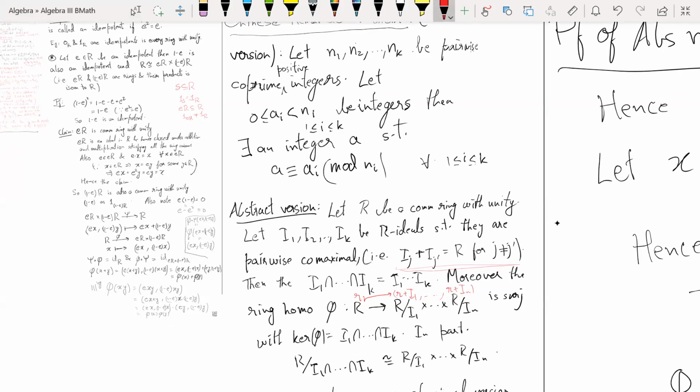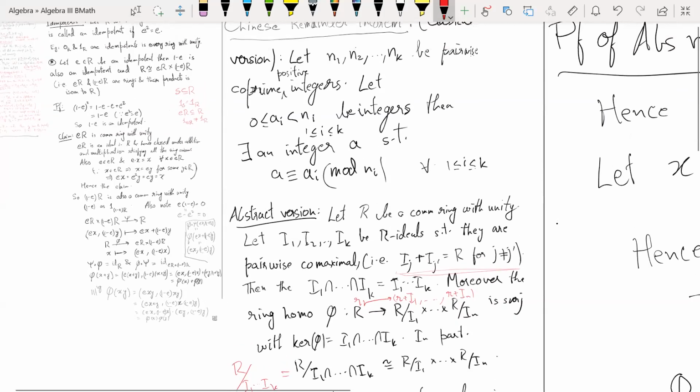So R mod I1 intersection IK is isomorphic to the target. This, by the way, is the same as R mod I1 to IK, because we know that the intersection is the same as the product. Okay, so this is the abstract version.